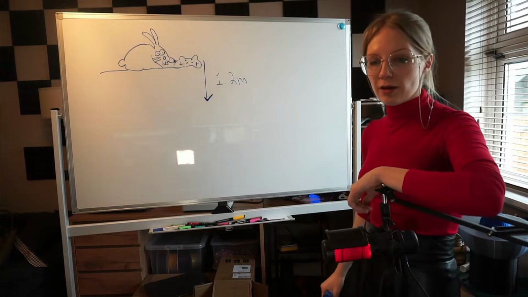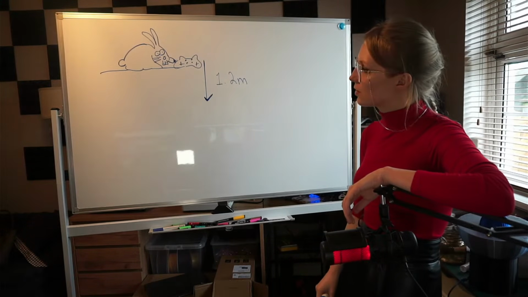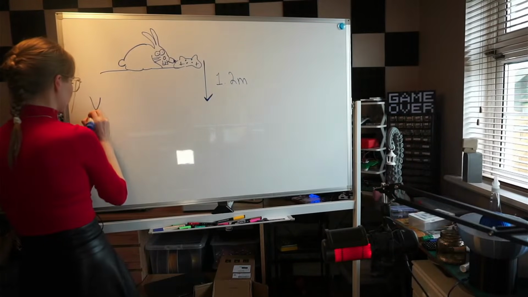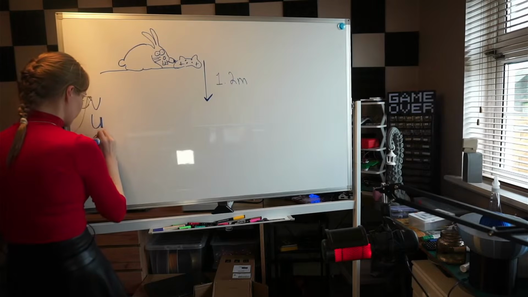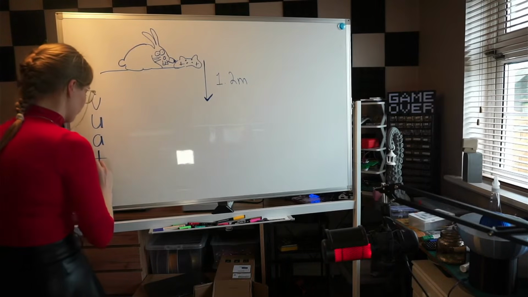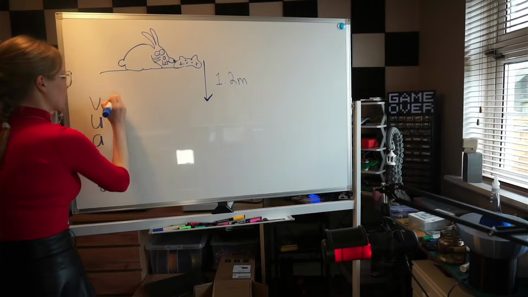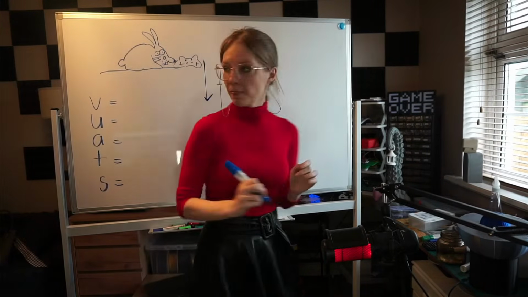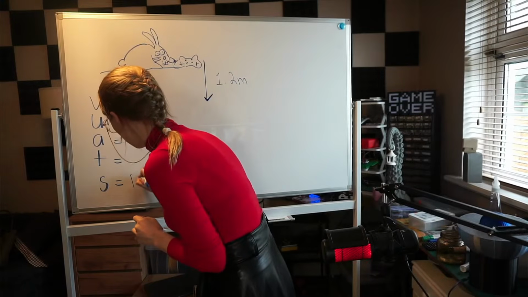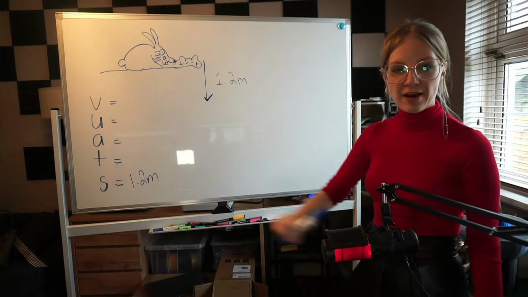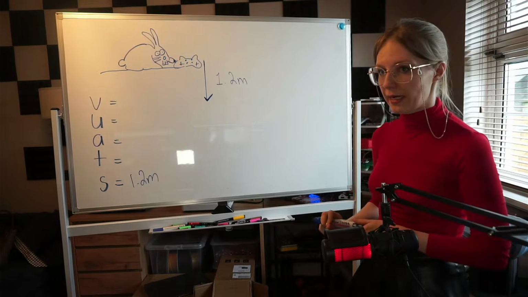The distance from the couch is 1.2 meters. Solve for everything. Okay. Yikes.